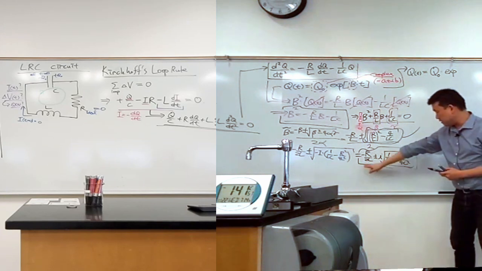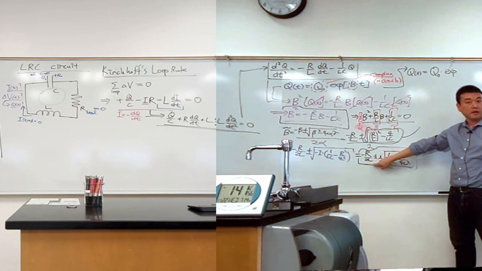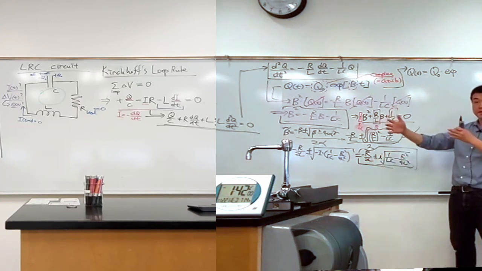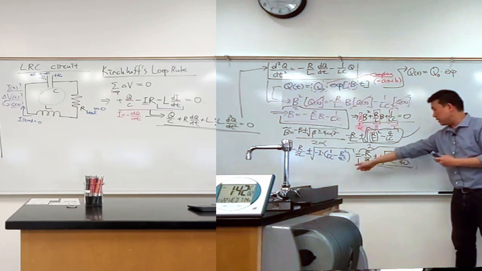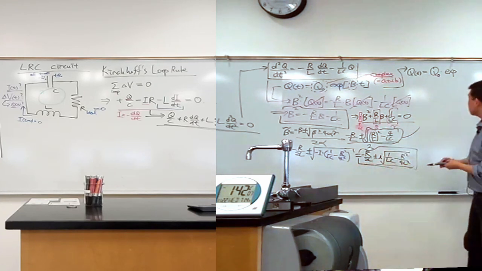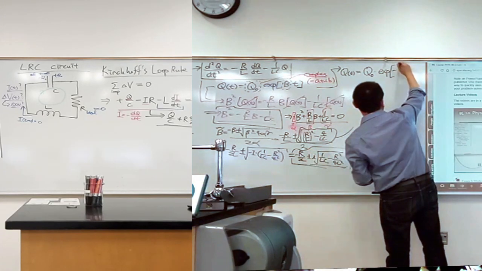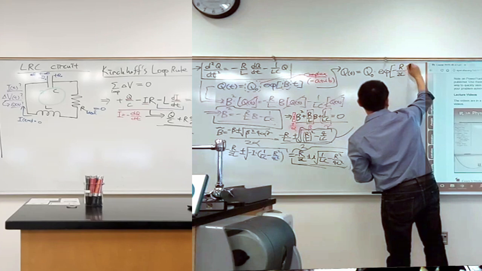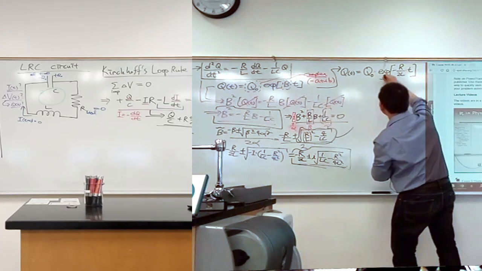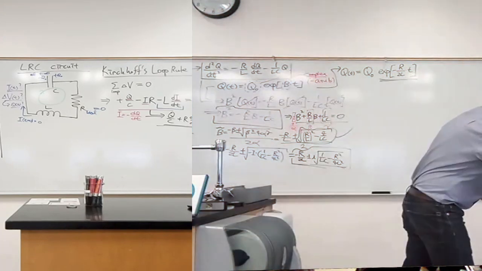So I'm going to write in the first term first. And you all remember the exponential algebra, right? When things add in the exponent, then when you separate it, it's going to be the product of e to the this times e to the this, right? So I'm going to have e to the minus R over 2L times t, that's this times t here. So this is one time dependence that's going to be in our solution.